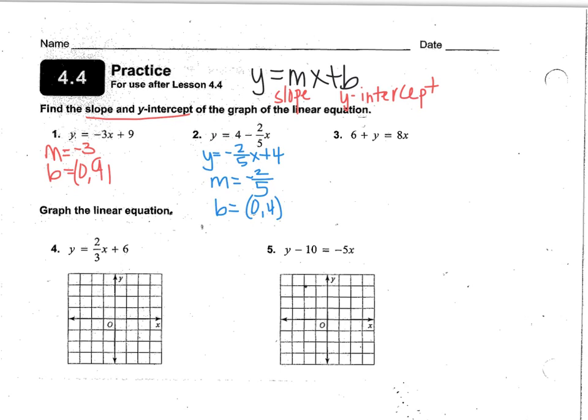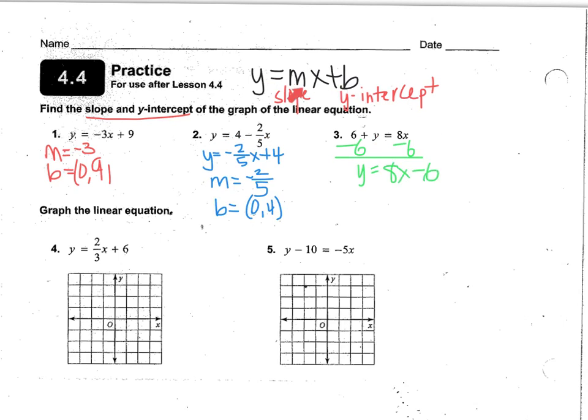Okay, in the third question, we definitely don't have it in y equals mx plus b form because the y isn't even by itself. So we have to move this 6 over to the other side. So I'm going to do that by subtracting 6. And I get y equals 8x minus 6.